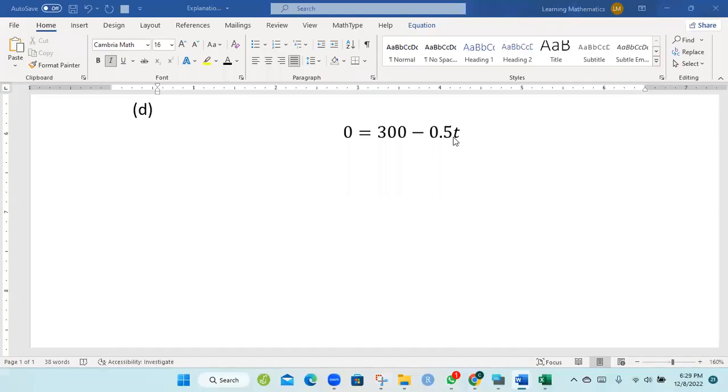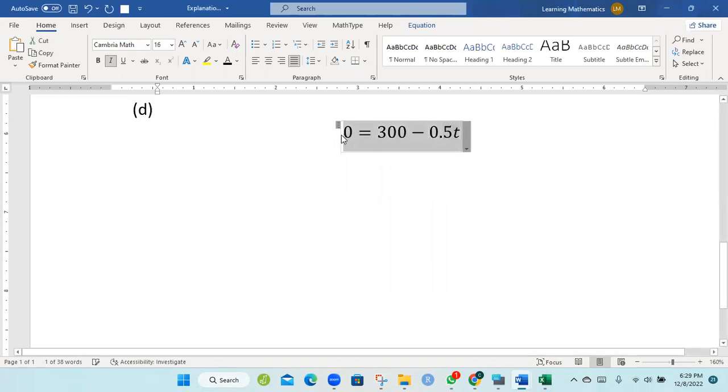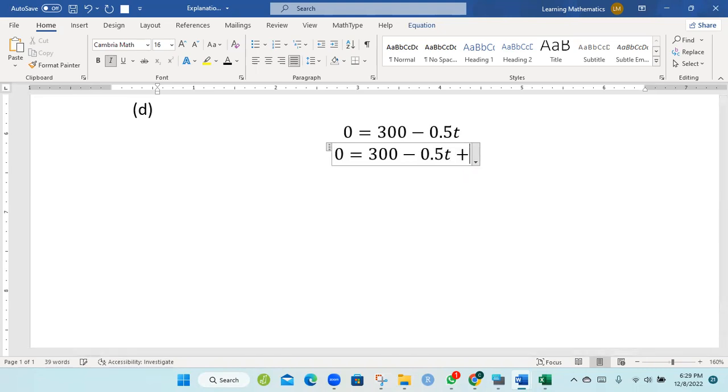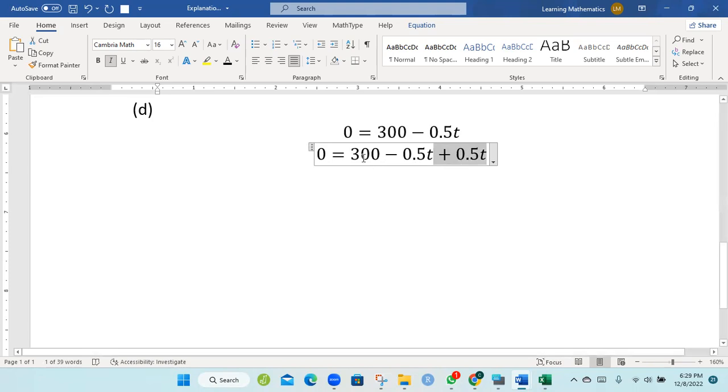So we have negative 0.5 times time, that's a negative, so we have to make this positive by adding 0.5 t on both sides. So if we add 0.5 t on the right, we have to add 0.5 t on the left.